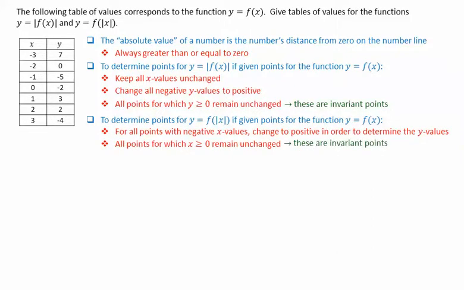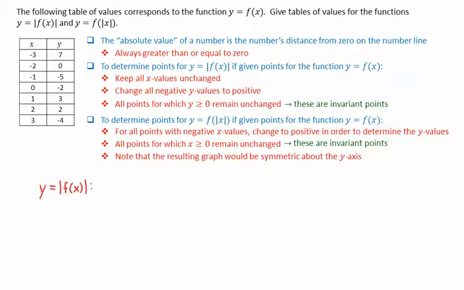In this case, these correspond to the invariant points. Note that the resulting graph would be symmetric about the y-axis. Every point to the right of the y-axis could be reflected across the y-axis and correspond to a point on the graph.